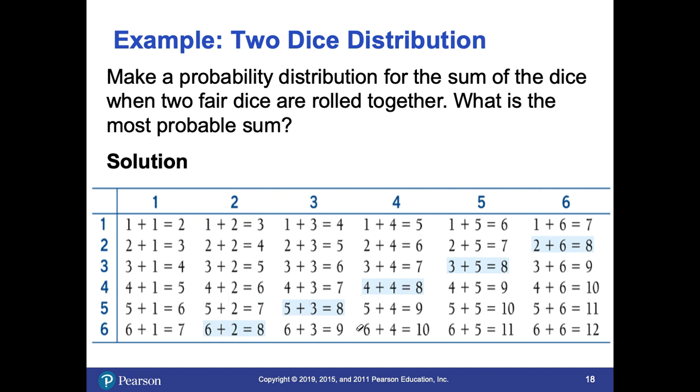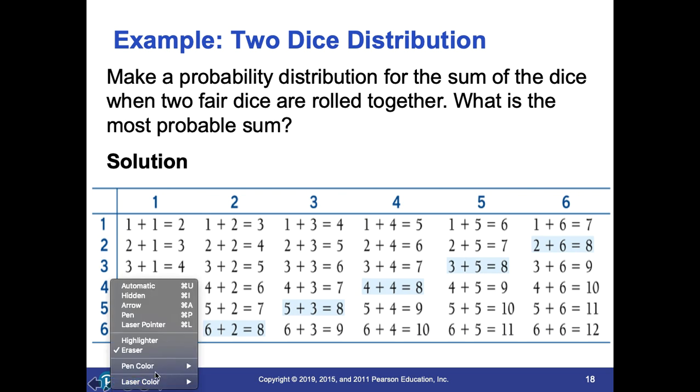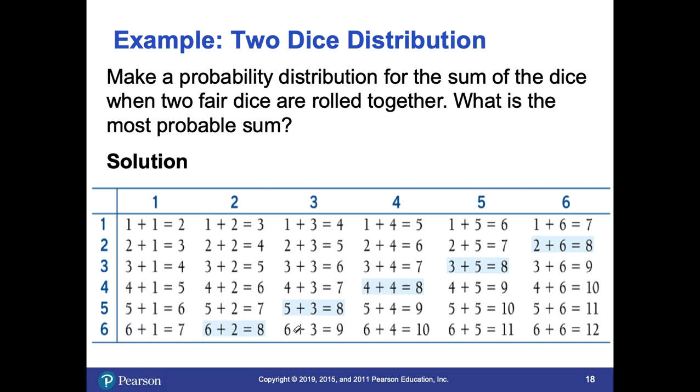Okay, and then finally, just to really drive the point home, look at all these blue ones here. For example, what if I wanted you to find all the sums of 8? Well, 6 plus 2 is 8. 3 plus 5 is 8. 4 plus 4 is 8. So all those blue highlighted ones are equal to 8.